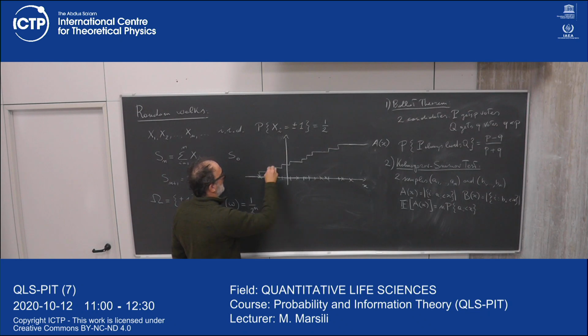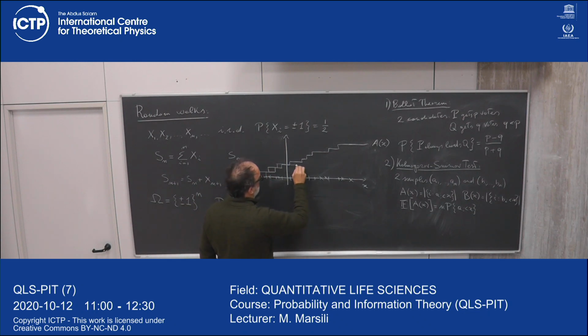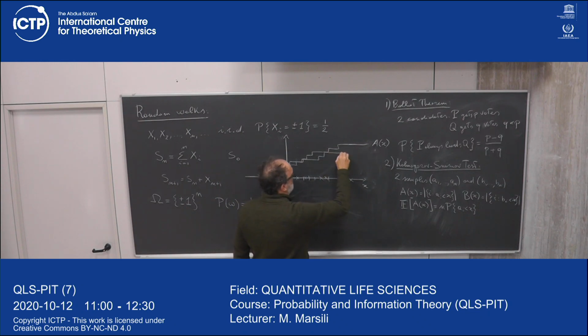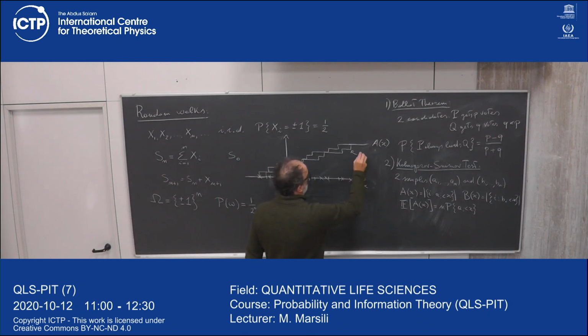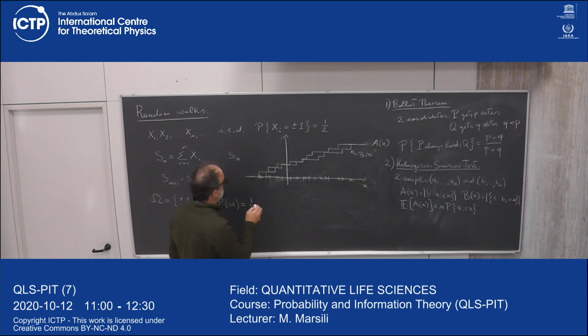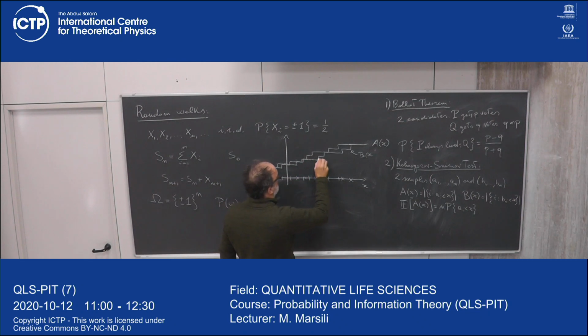Then it will be 1, then 2 up to this point, then 3, then 4, 5, 6. So this is the curve B of x.